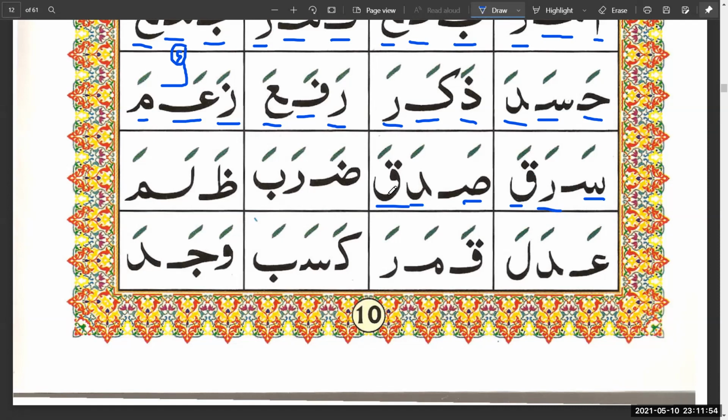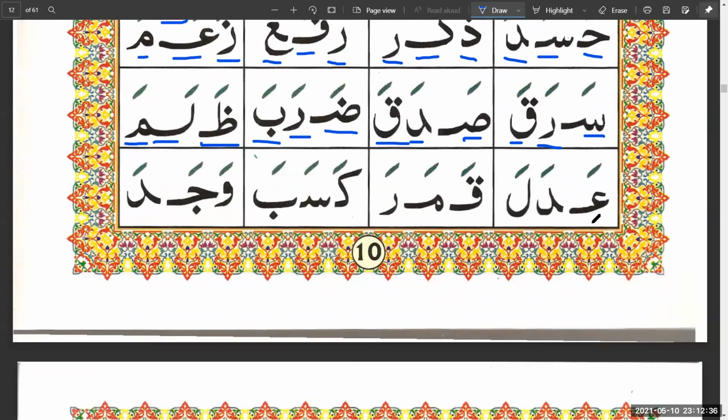Next one, we have dad, fatha, da, ra, fatha, ra, and ba, fatha, ba. Da ra ba. Last one on this line, we have za, fatha, za, lam, fatha, la, and mim, fatha, ma. Za la ma.